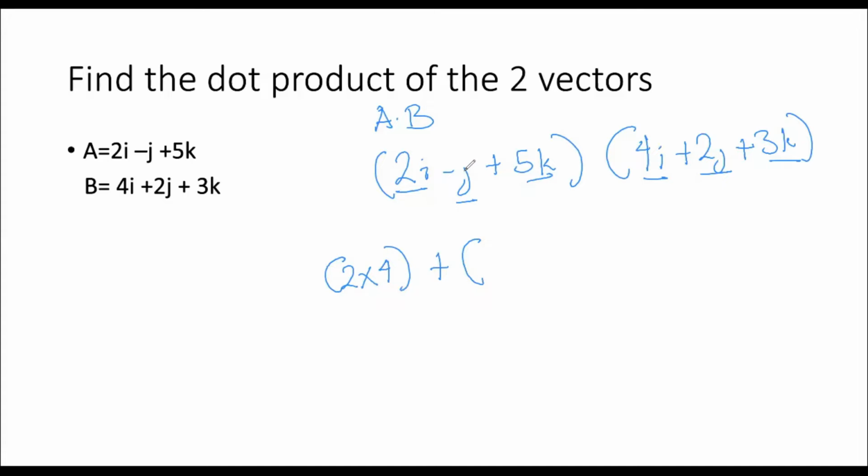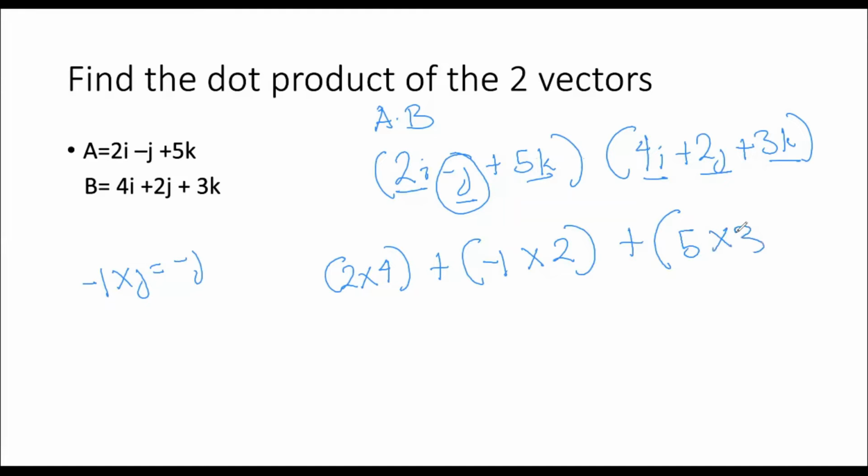What was the coefficient of j here? You can see there's a minus here, so it's minus 1, because minus 1 times j is the same thing as minus j. So the coefficient of j here is minus 1. So I have minus 1 times 2, plus, for the k case, 5 times 3.